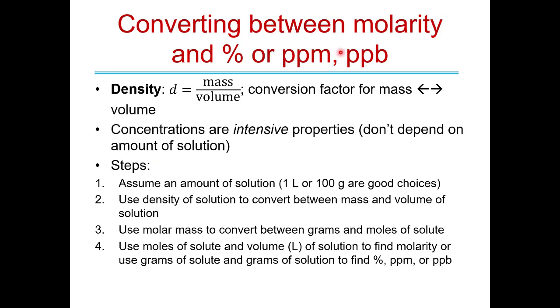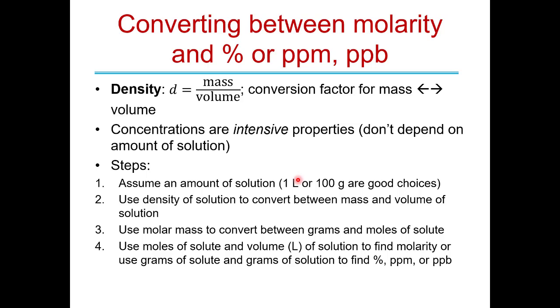So one of the steps in converting is we will sometimes begin by assuming that we have a certain amount of solution because we weren't told, but because it's intensive it doesn't matter. So we're going to pick an amount of solution that makes our calculations easy. So for example, if we're dealing with molarity, we might pick 1 liter, right? Because then we know exactly what the number of moles are.